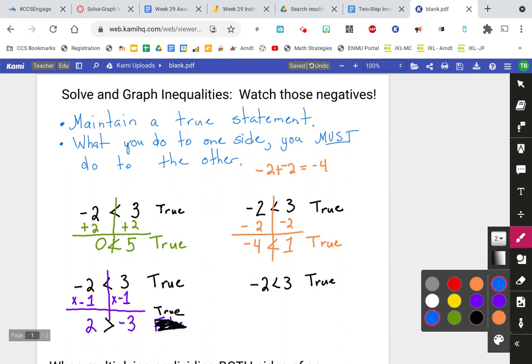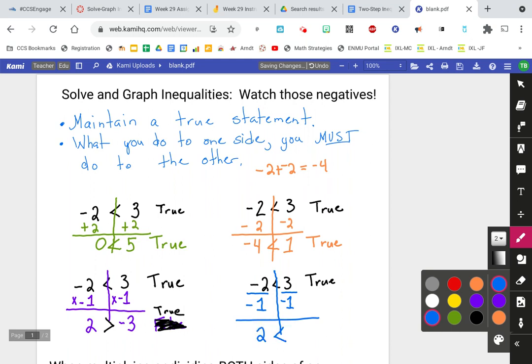Let me go and try to divide both sides by, and to make it easier for all of us, I'm going to divide by negative 1. Okay, so I want us to think about this. A negative divided by a negative is a positive. So negative 2 divided by negative 1 would give us positive 2. And I'm just going to copy down that symbol.